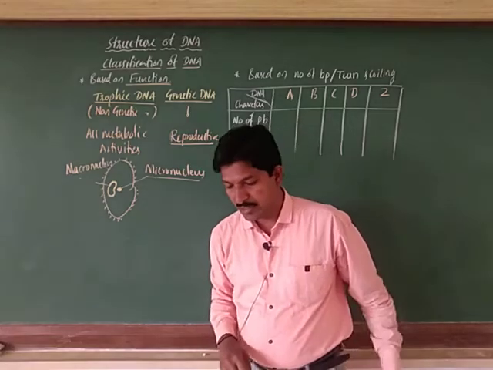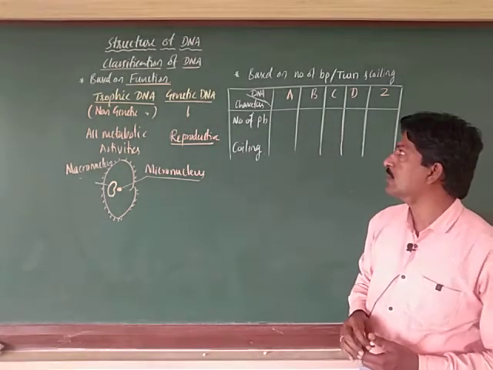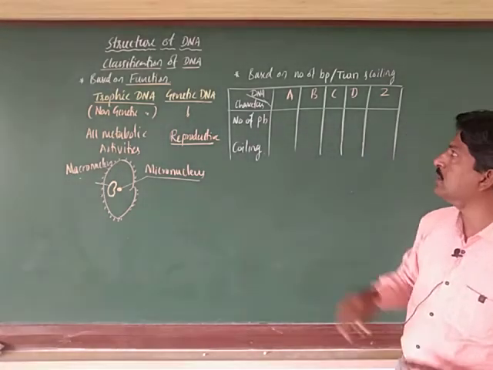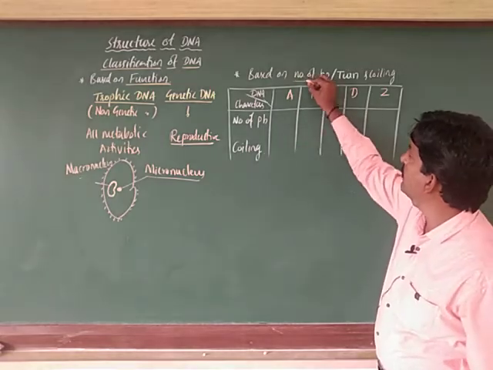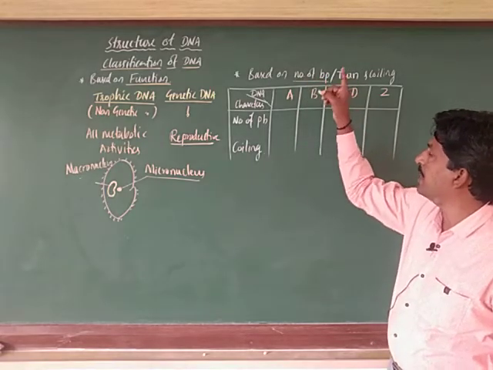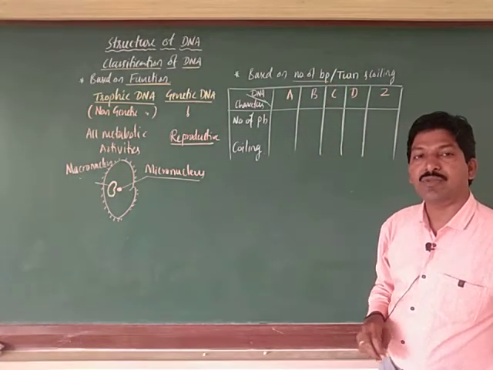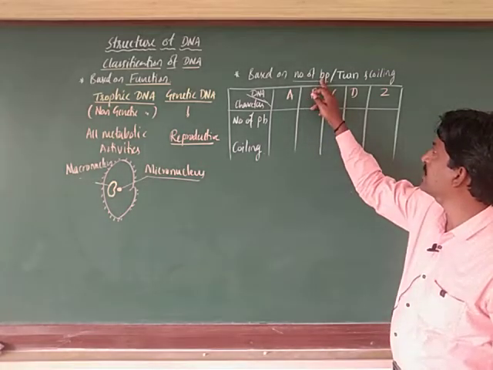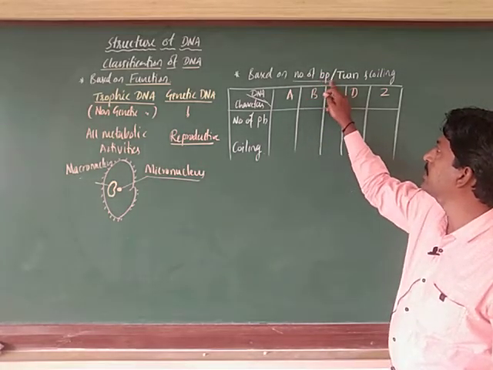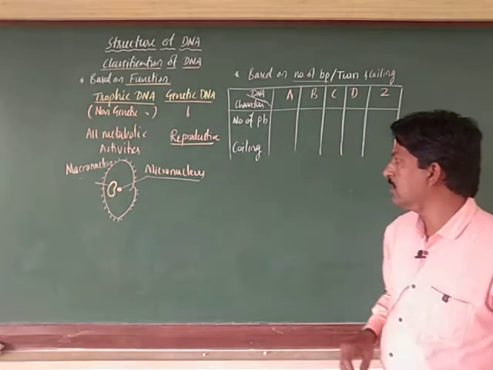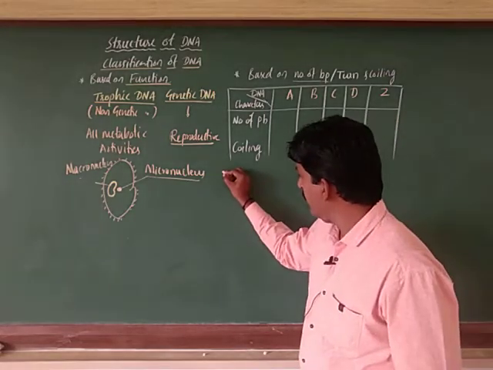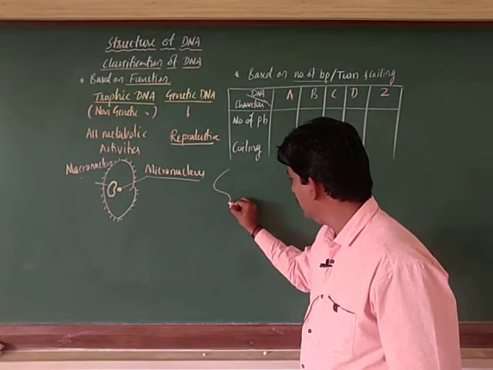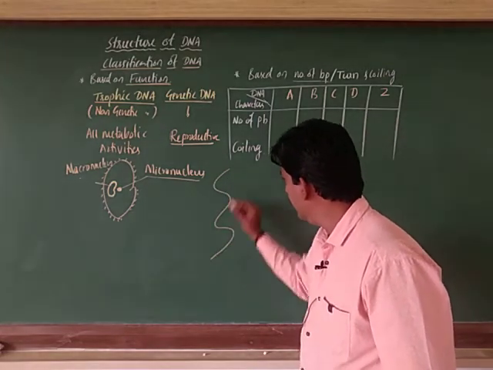Next, there are other forms of DNA, based on the number of nitrogen base pairs per turn. Already we have studied the structure of DNA.